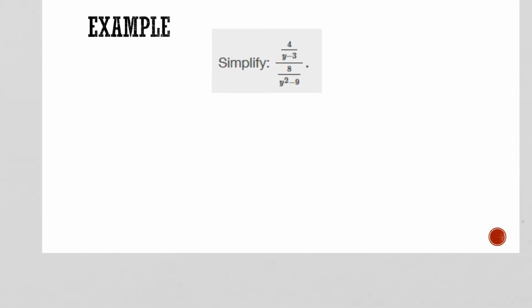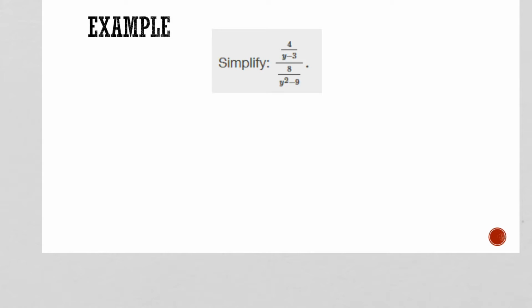Okay, so you have a fraction divided by another fraction, and notice this is an expression, this is an expression, this is an expression, this is an expression, okay? And so what we want to do is we want to make this look a little bit nicer, all right? So don't forget that a fraction bar does mean divide.